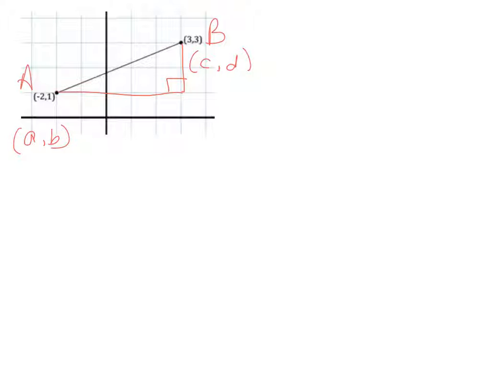So if we see here, I've got this distance right here. This is A, because it's the x value, and this is C. So C minus A gives us this length right here. C minus A, positives and negatives don't matter.